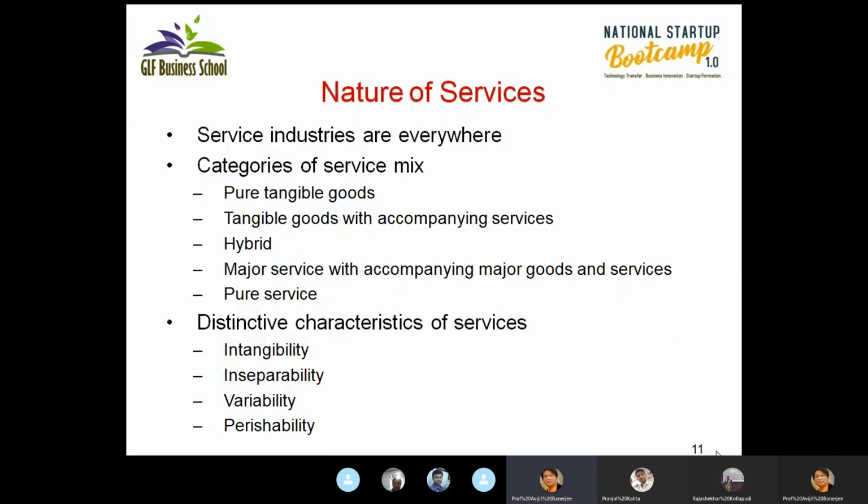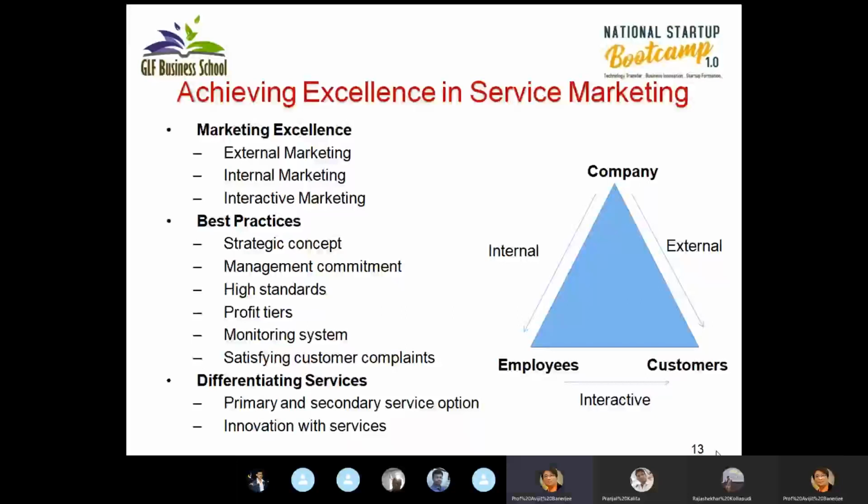There are 4 distinctive service characteristics that greatly affect the design of your marketing program: intangibility, inseparability, variability, and perishability, and innovation with services. Primary and secondary service options are a very important differentiation strategy, where the company can differentiate their service offering in many ways through people and process that add value.